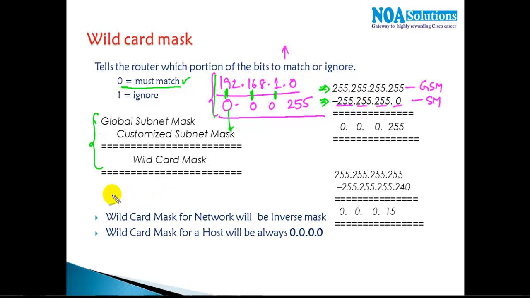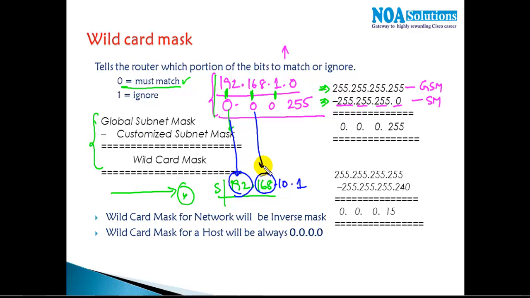So if a packet is coming to the router with a source address of 192.168.10.1, it's going to match the first portion. Yes, it is the same. Second portion, yes, it is the same, and it's going to match the third portion also. Now the third portion is not the same. Here it is 1, here it is 10, so it's not matching.